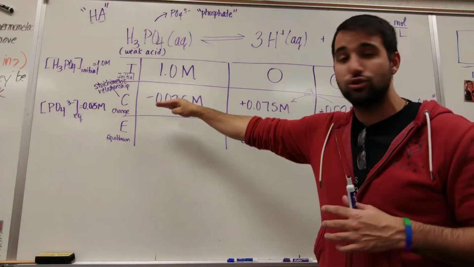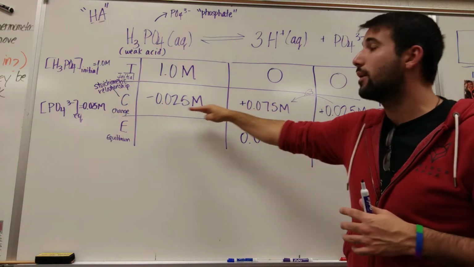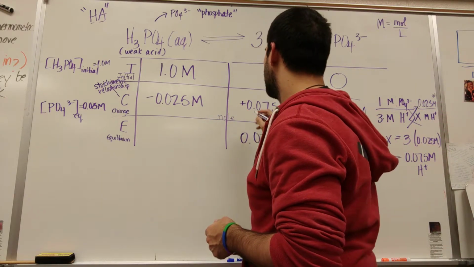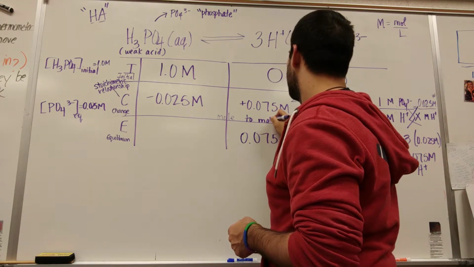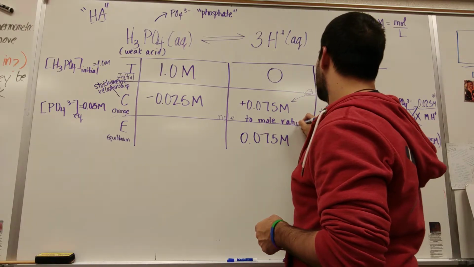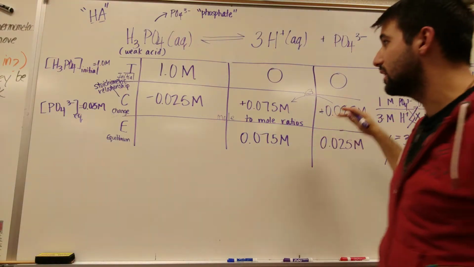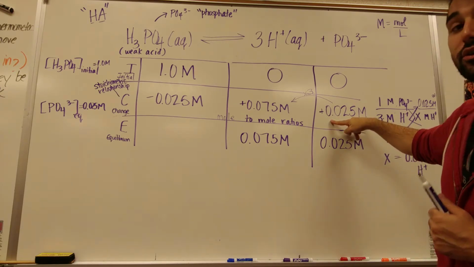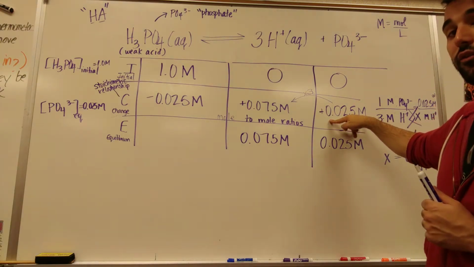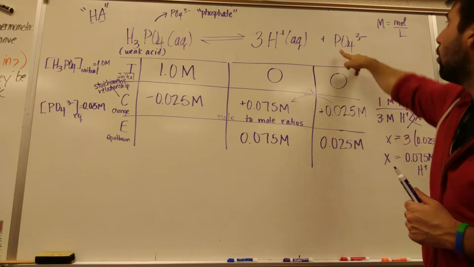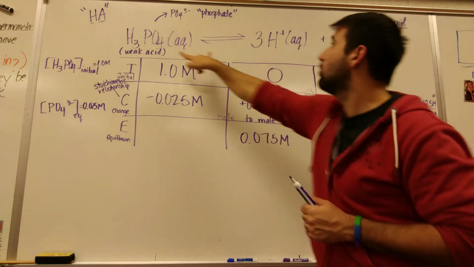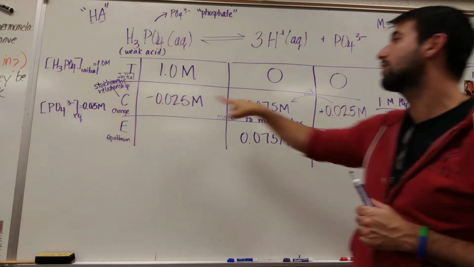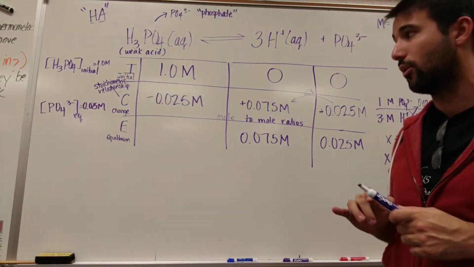In the change, that's where I use my mole to mole ratio. So I'm going to make a note of that so you're not confused by my mistake here. I only use the mole to mole ratios in the change section. So again, if I made 0.025 molar of PO4 3-, with a 1-to-1 molar ratio, I must have used 0.025 molar.